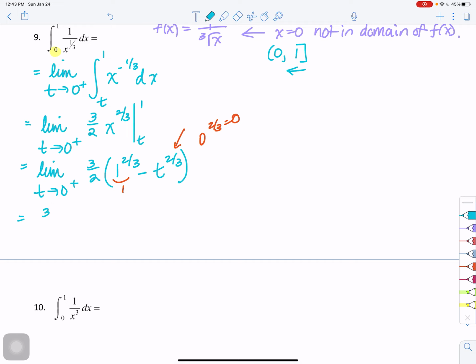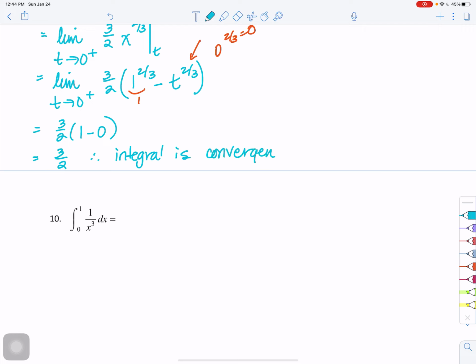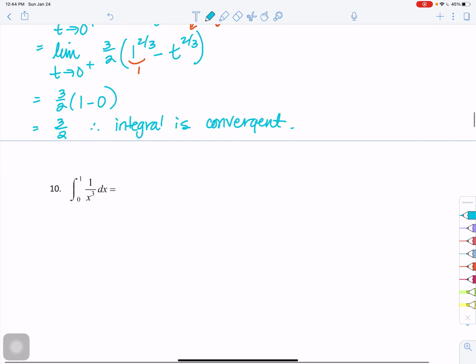So we're going to have 3/2 times 1 minus 0, and that's equal to 3/2. Therefore, the integral is convergent. That's a finite number.